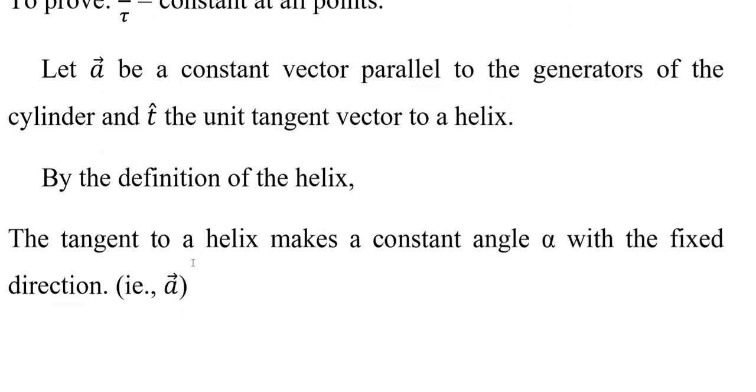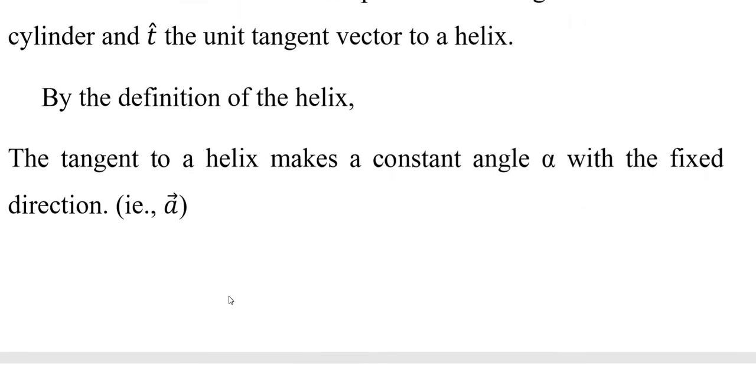By the definition of the helix, let A vector be a constant vector parallel to the generator of the cylinder, and T cap be the unit tangent vector of the helix. Again, by the definition of helix, the tangent to a helix makes a constant angle alpha with the fixed direction A vector.